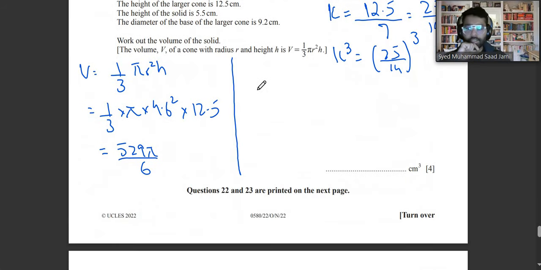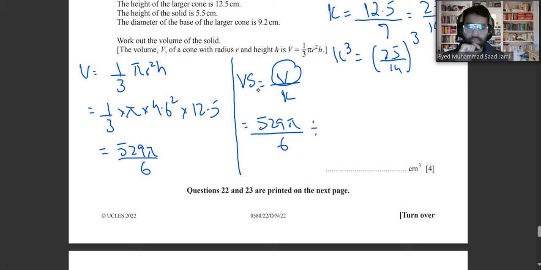Now to find the volume of the smaller cone, you will do the volume divided by the ratio which we calculated, divided by k cubed. So we will write the volume of the bigger cone, 529 pi over 6, divided by 25 over 14 cubed.